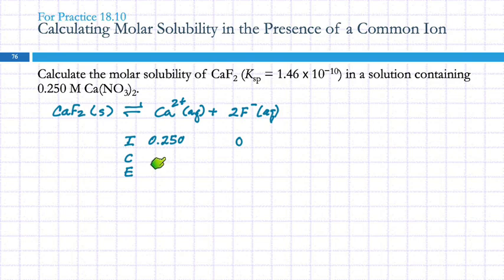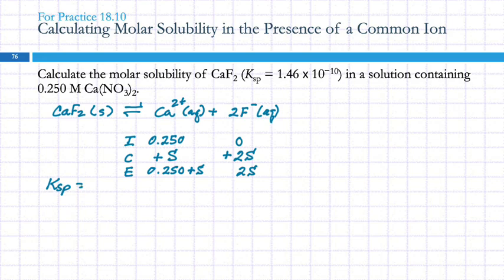So how is this going to change in terms of s? It's going to increase by 1s, and the fluoride by 2s, right? So now we've got 0.250 plus s, and we have 2s.